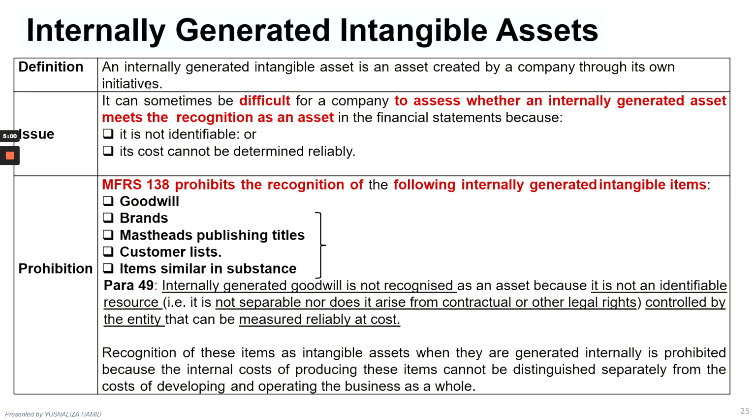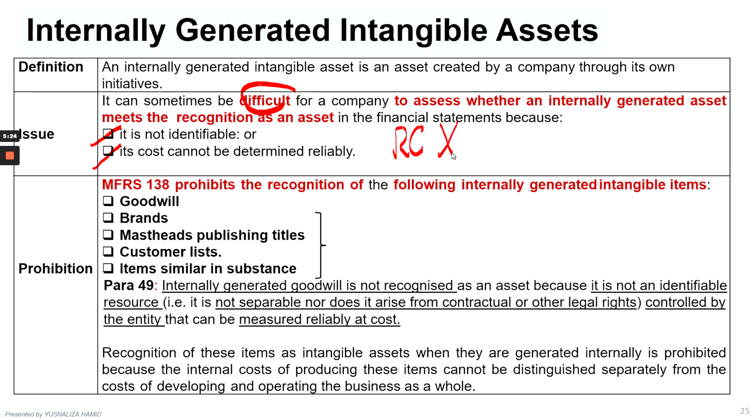Sometimes it can be difficult for a company to assess whether an internally generated asset meets the recognition as an asset. That difficulty is because it is not identifiable and the cost cannot be determined reliably, meaning that the recognition criteria is not met.